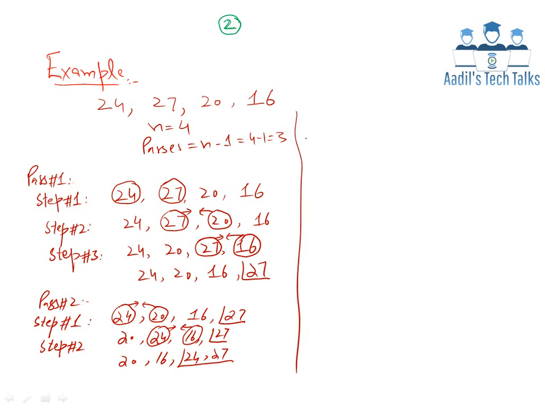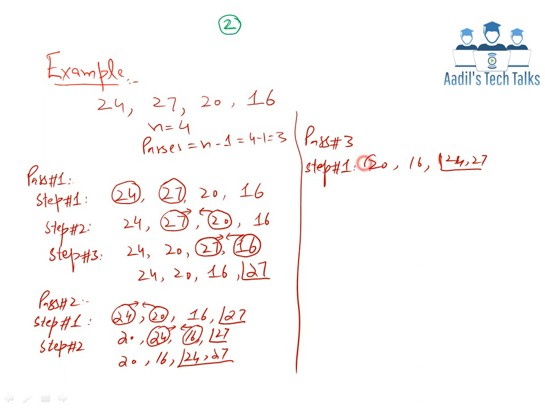Now comes pass number 3, step number 1. The elements are 20 and 16, and 24 and 27 are locked elements. These are not going to be used in the process.